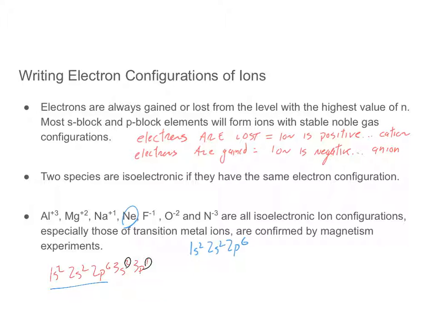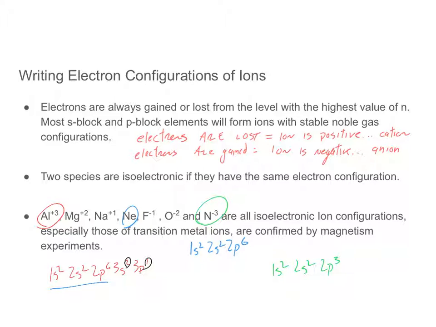Another example would be nitrogen. Nitrogen has 7 electrons, so its electron configuration would be 1s2, 2s2, 2p3.